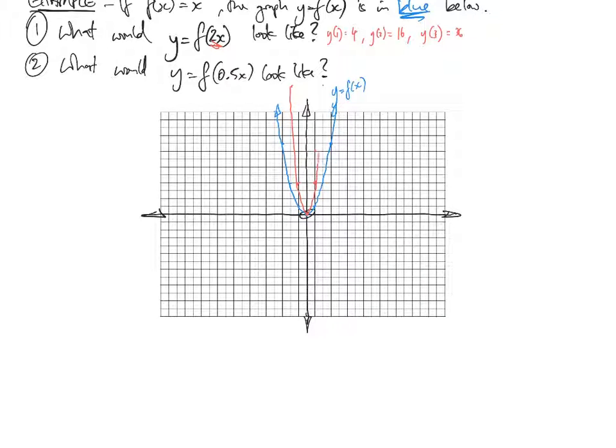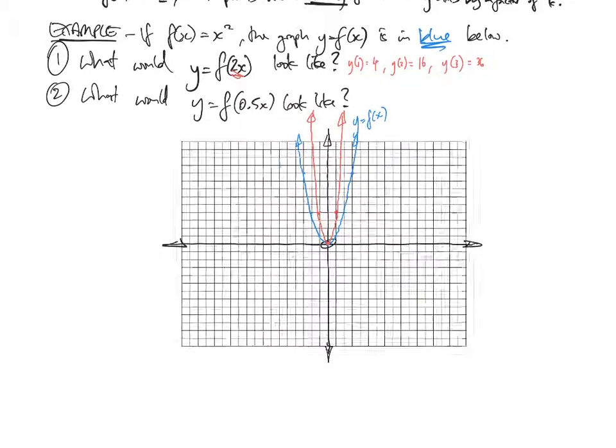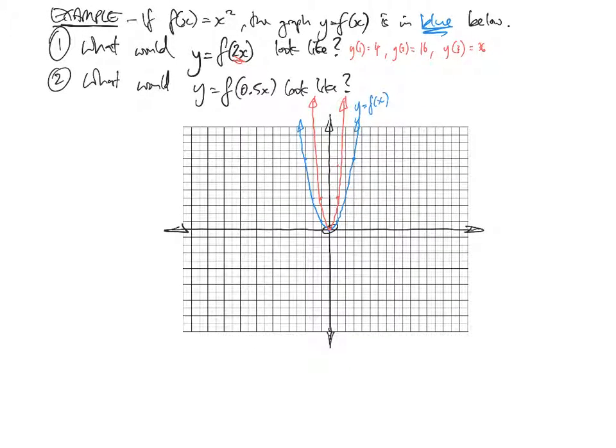So you can see that it has stretched it horizontally towards the y-axis by a factor of 1 on k. Well, k was 2, so 1 on k is a half. Are the points all half the distance away from the y-axis they were before?